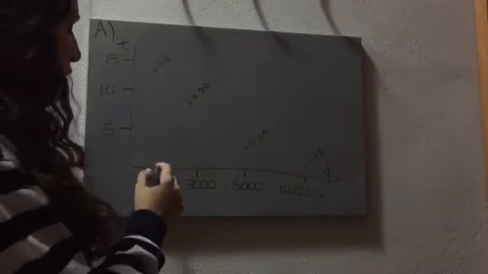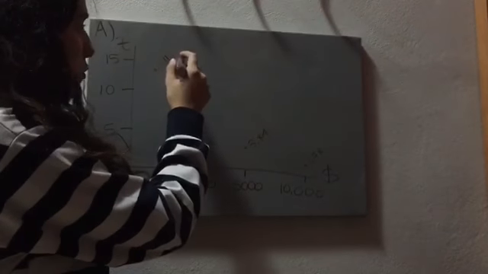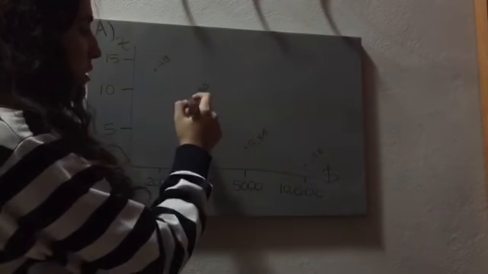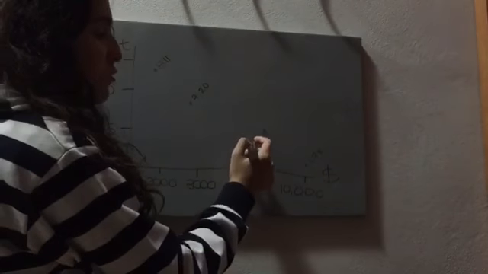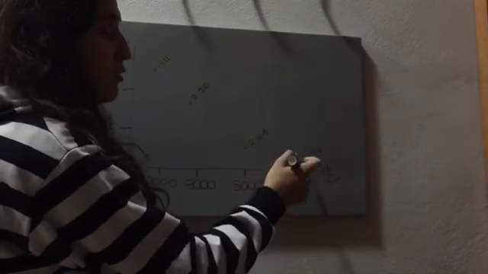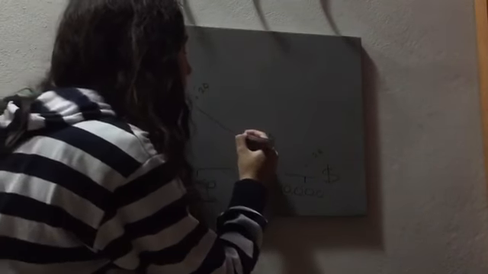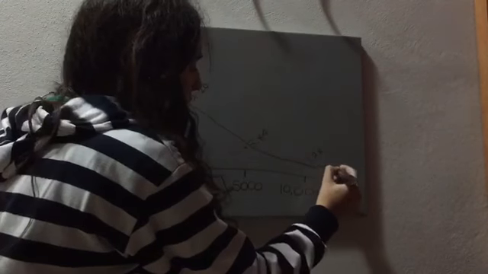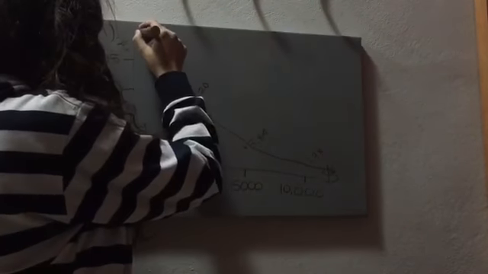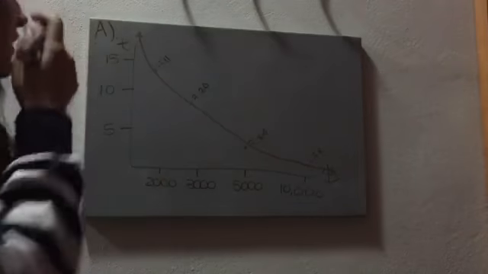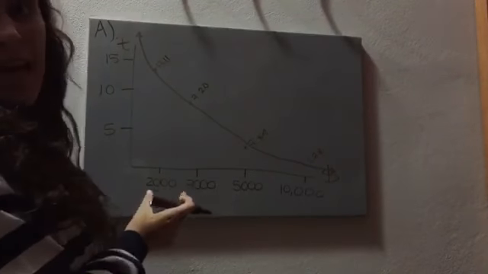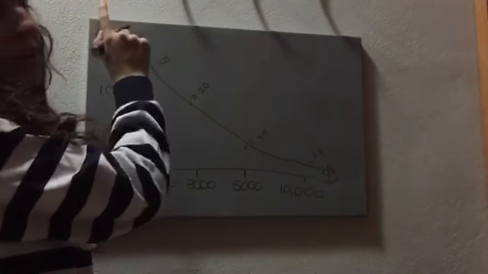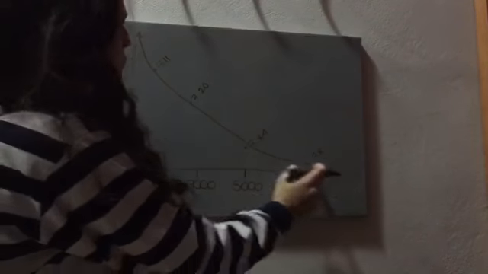So we know that in 2,000 is 13.11, in 3,000 is 7.20, in 5,000 is 3.84, and in 10,000 is 1.78. So the graph will look like this. So we can conclude that if the amount is less, the years will be higher. And that is how it goes.